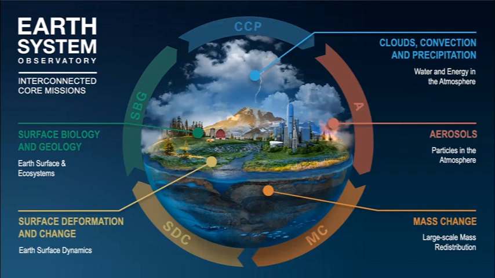And one of them is SDC, to respond to the observables identified in the Decadal Survey. One of them is surface deformation and change, which is another name for a NISAR follow-on mission, essentially. But it follows a very similar development pattern.